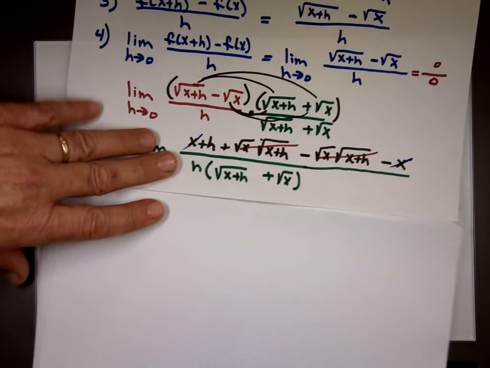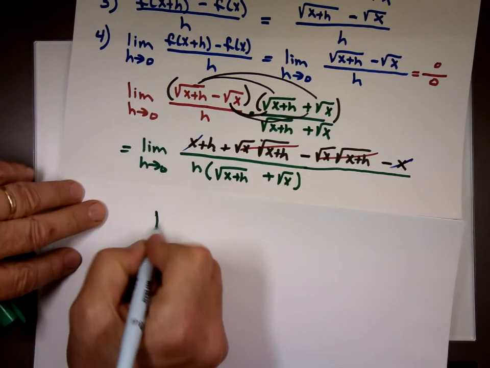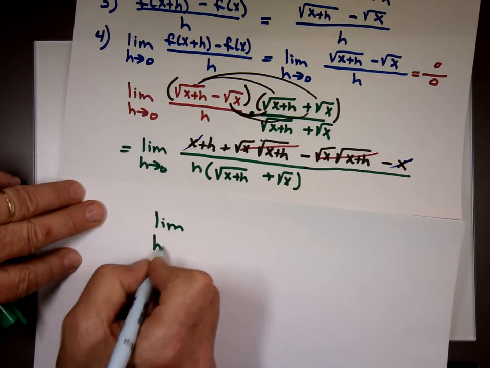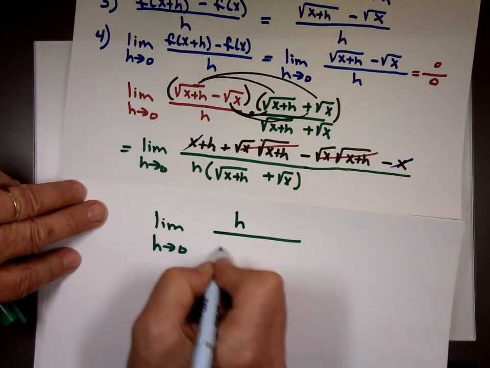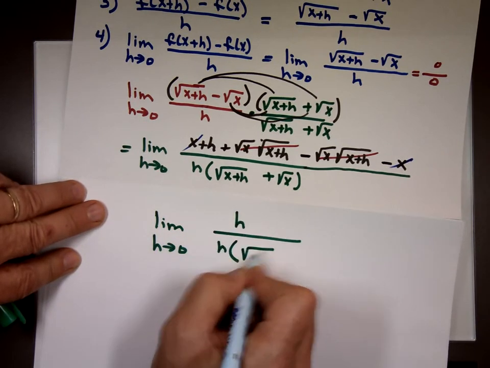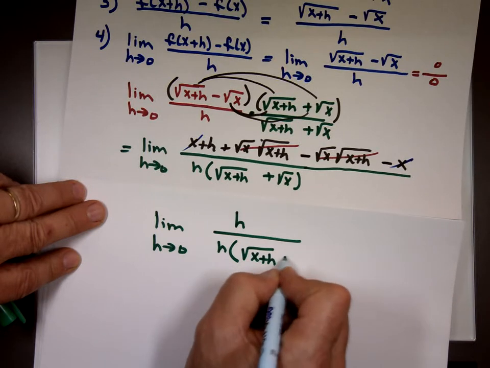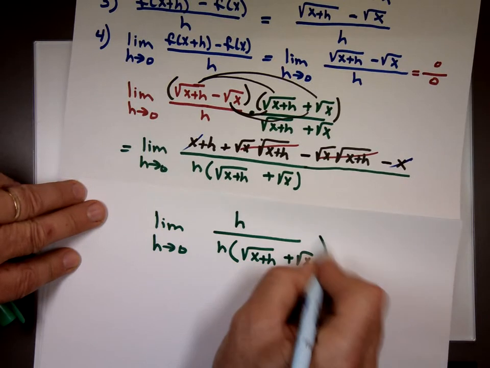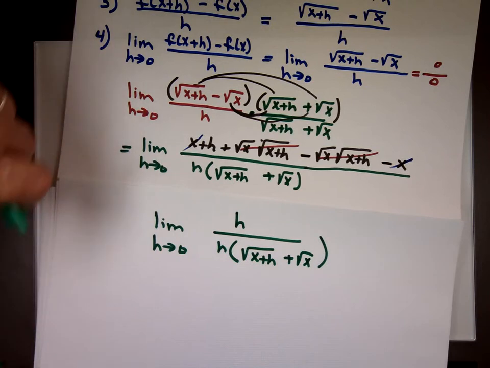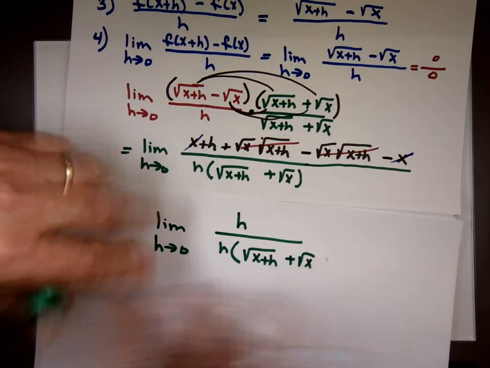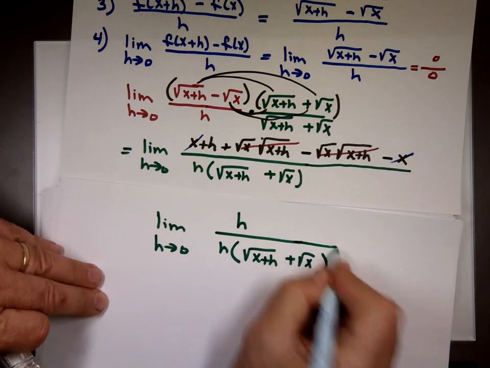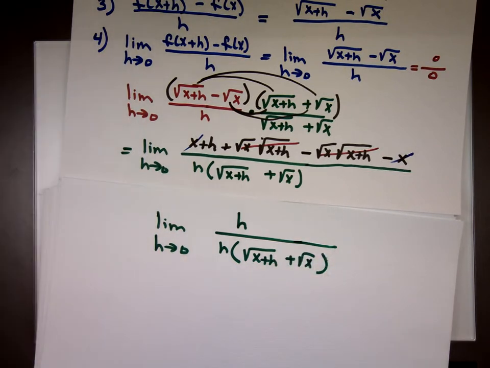Now we're going to have the limit as h approaches 0 of h over h times the square root x plus h plus the square root of x. And the h's will cancel out again.